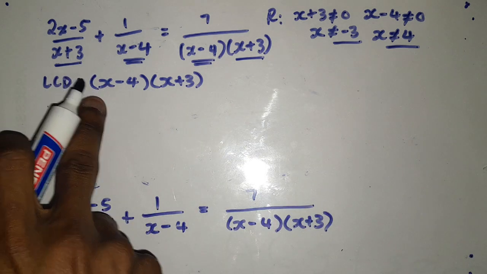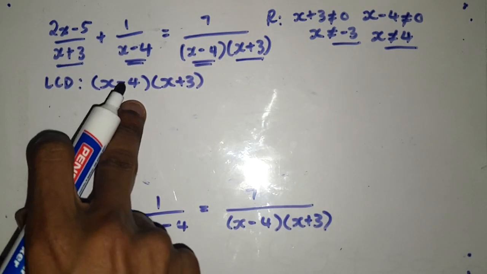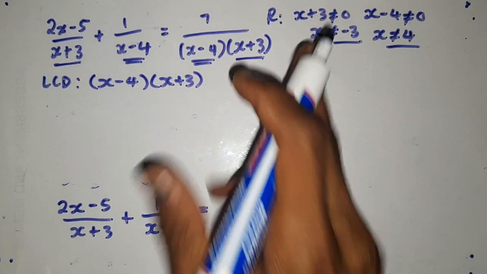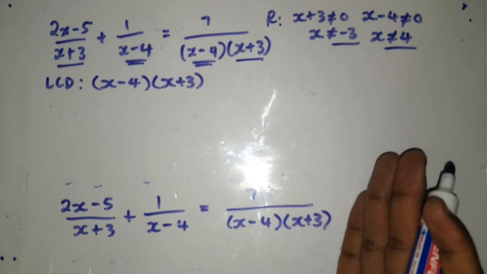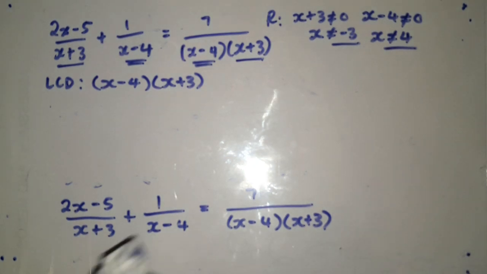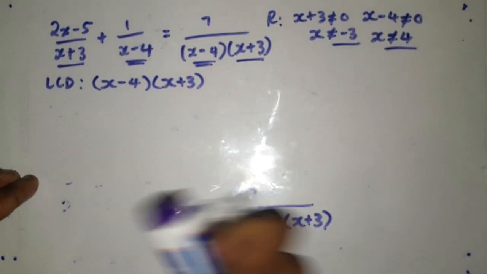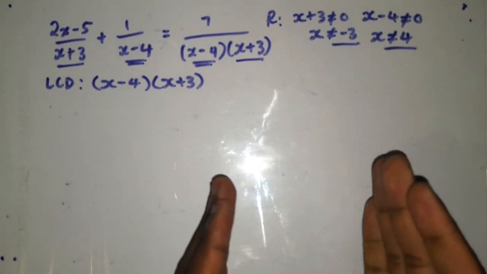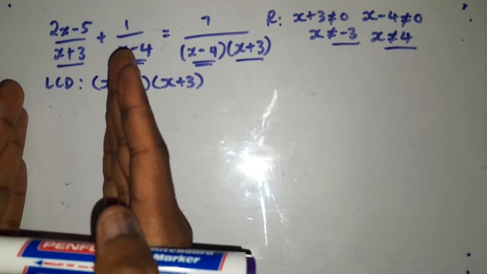Then now, since I have my LCD, I'm going to multiply with my LCD throughout. See, I don't have much space. What I will do now is simplify aside, then write the final answer.